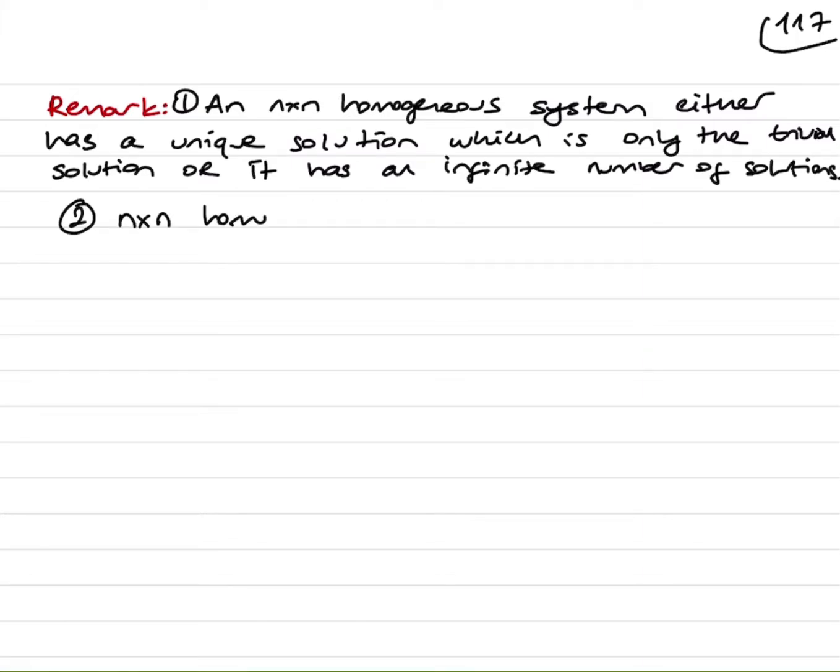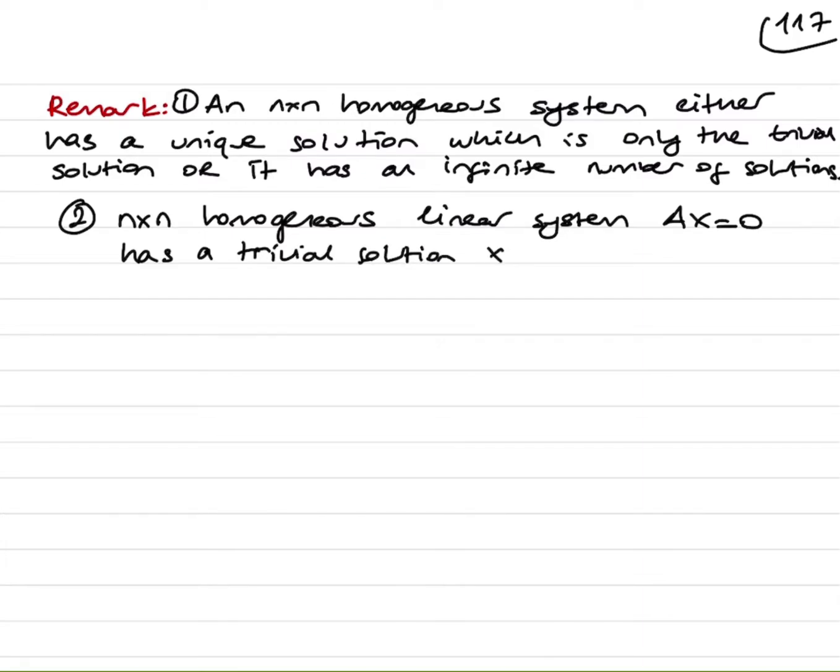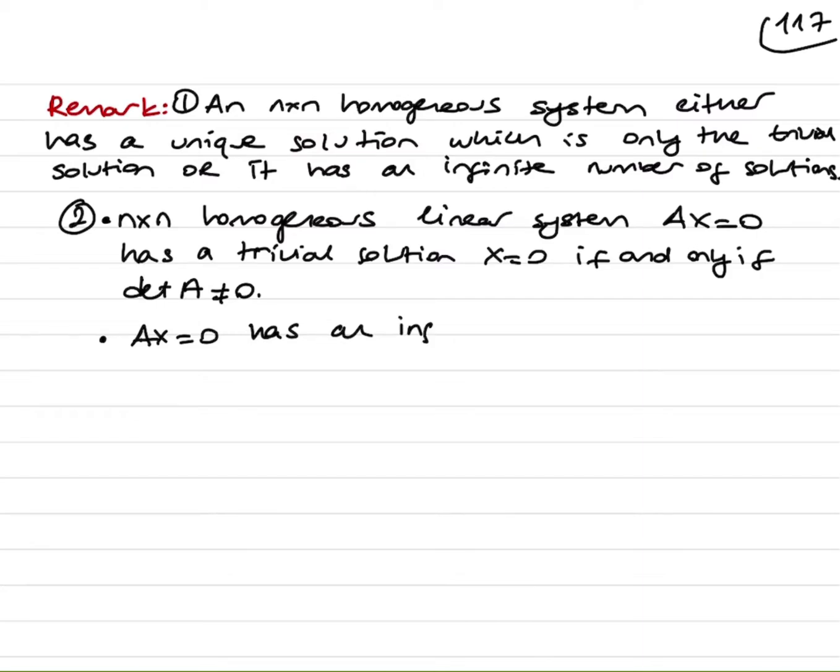So an n by n homogeneous linear system, Ax is equal to 0, has only the trivial solution x is equal to 0 if and only if the determinant of A is not equal to 0, and Ax is equal to 0 has an infinite number of solutions, as you can guess, if and only if the determinant of A is equal to 0.